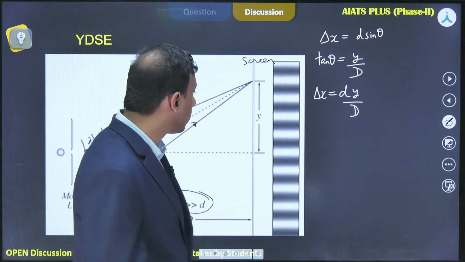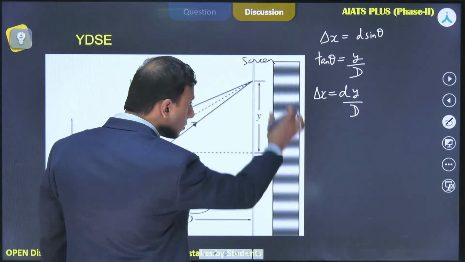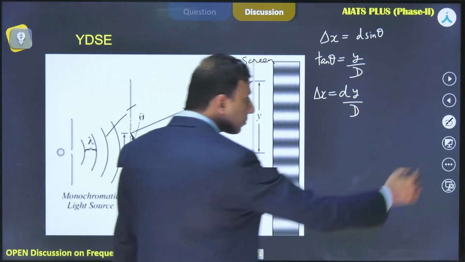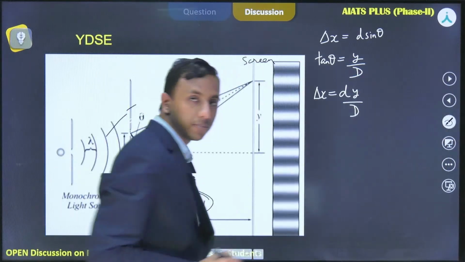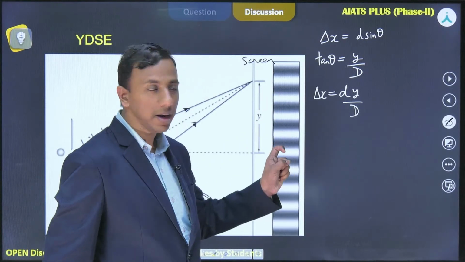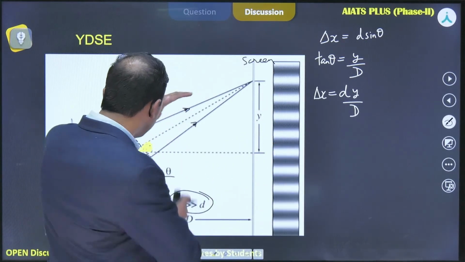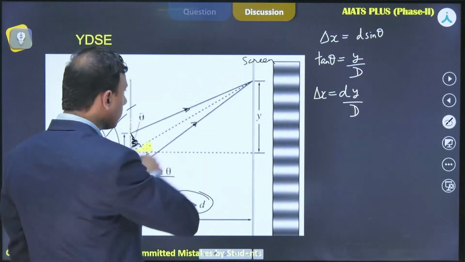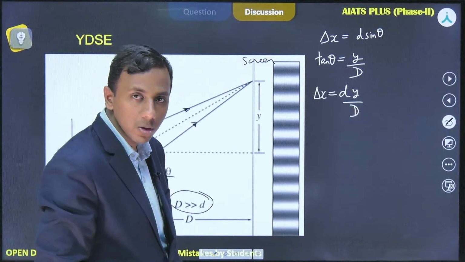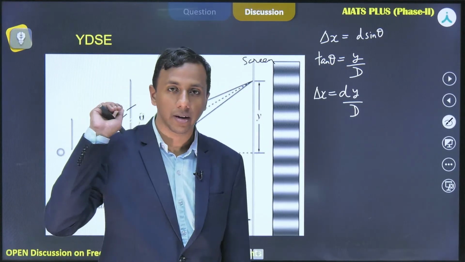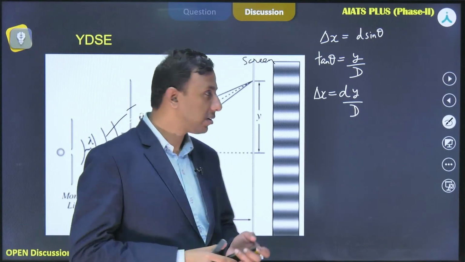And if you see over here, what do the white and dark regions signify? Maxima and minima. Remember I told you, these 2 rays are going to superpose over here. They are going to add up, just like we did in the waves chapter, where superposition happens.